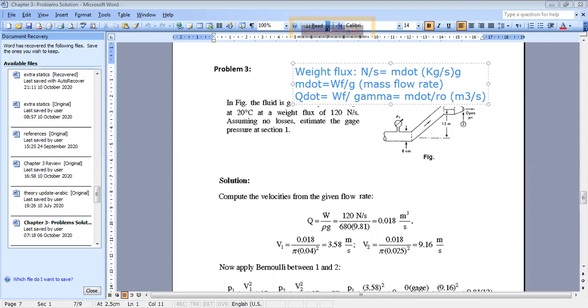Why are we interested in the volumetric flow rate? Because we need to find the velocity, since here we want to find the gauge pressure at section 1.